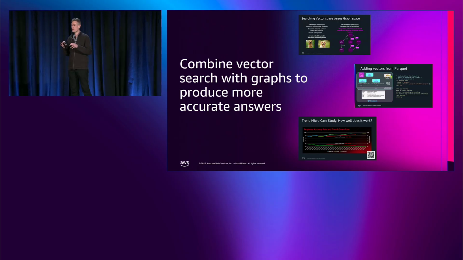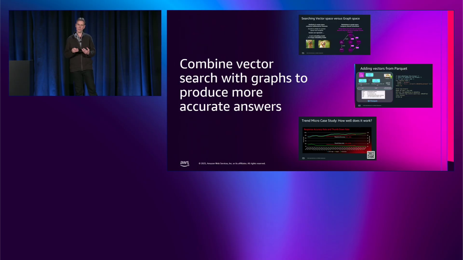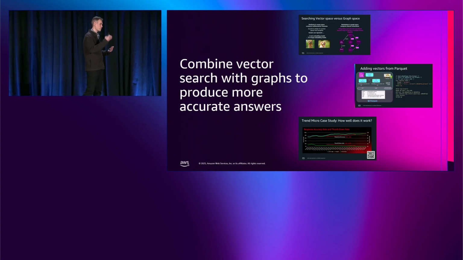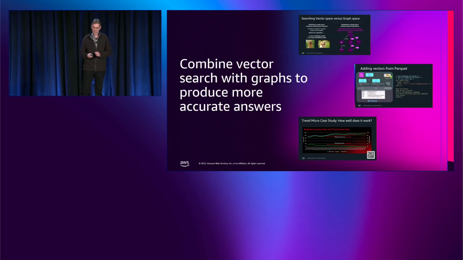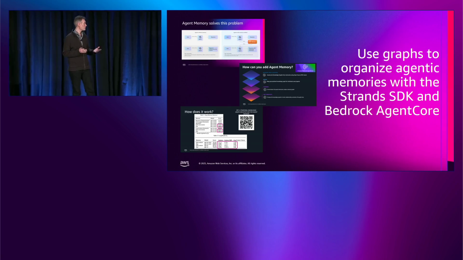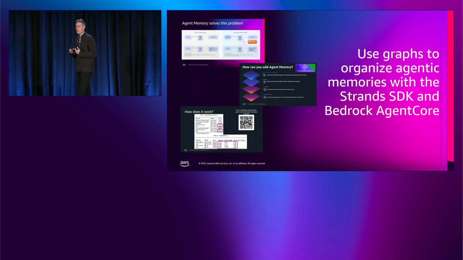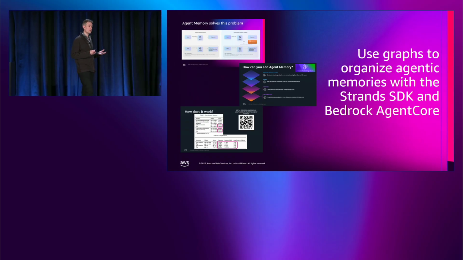Combine vector search and graph traversal to get the power of vector similarity search with the benefits and explicit information that you can get from a graph. And lastly, look at how you can store and organize agentic memories, particularly using graph structures with Strands and Bedrock AgentCore.